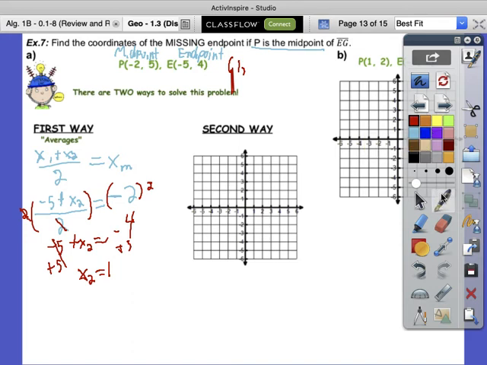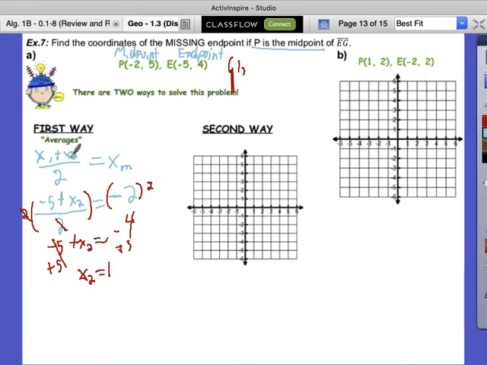Now I'll do the same thing to find the y's. Instead of x1 plus x2 over 2 is equal to the x of the midpoint, I'm going to do y1 plus y2 over 2 is equal to the y value of our midpoint.